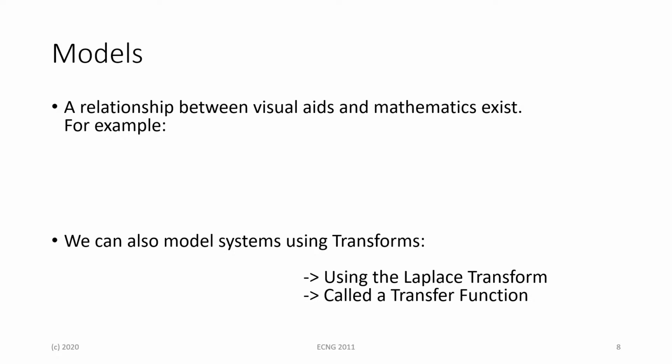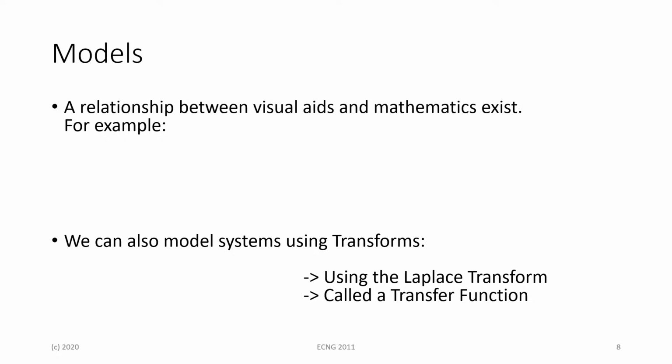So this typically tends to be a relationship between any visual aids and mathematics. For some reason the figure hasn't shown up here, but I will show it in a few later slides, which will have some visual aids showing this in particular. But we can also model systems using transforms. In particular, you've been exposed to one transform here, which is known as the Laplace transform.